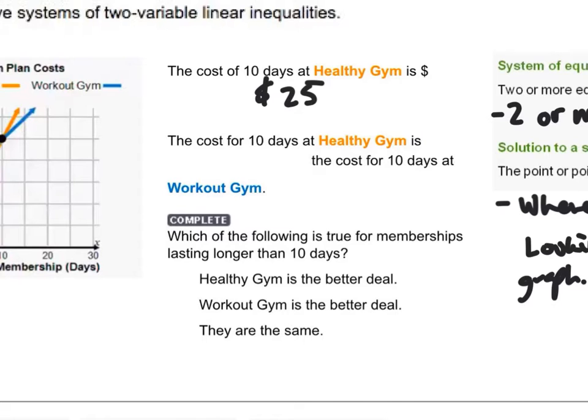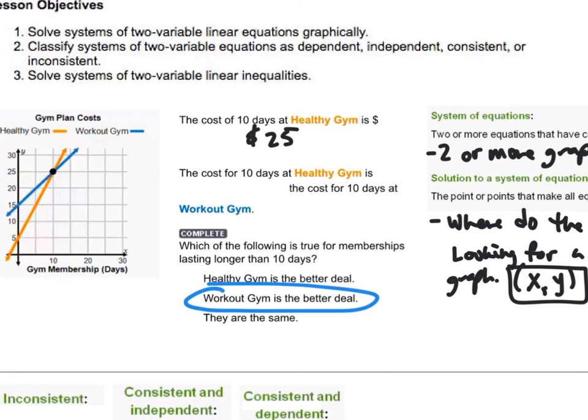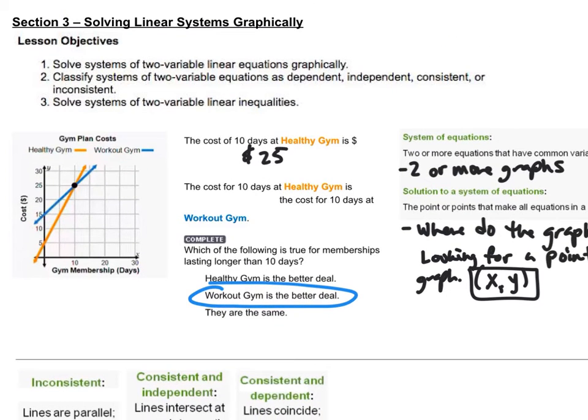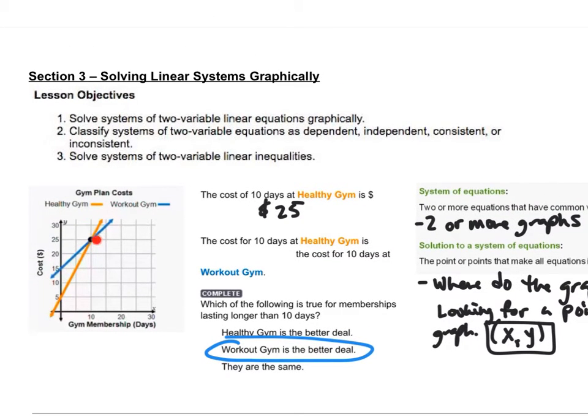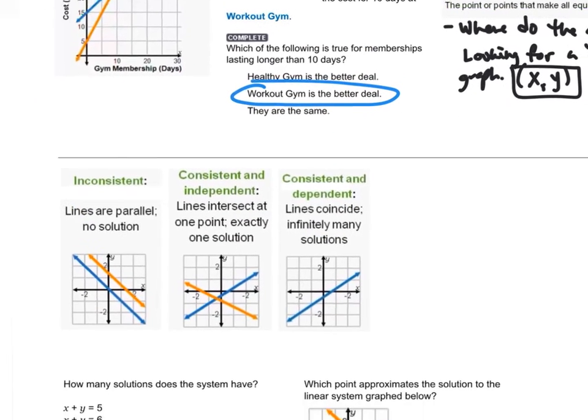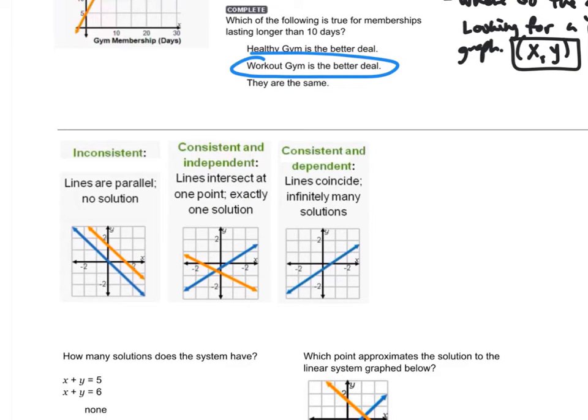We would say that the workout gym is a better deal. So that's the idea. But that point there, again, what we're trying to talk about is where do the graphs intersect? That's where the two share a common point.